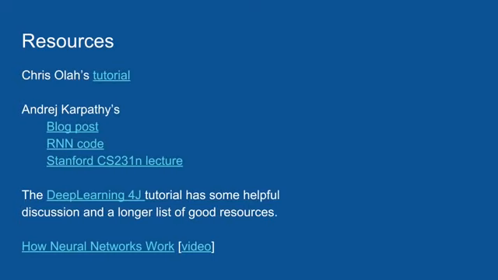Also, there are a collection of really good tutorials and discussions, other ways of explaining LSTMs that you may find helpful as well. I'd also strongly encourage you to visit Andrej Karpathy's blog post showing examples of what LSTMs can do in text. And if you haven't seen it yet, take a look at the video on how neural networks work to get some more details on exactly how you go about implementing something like this in code.